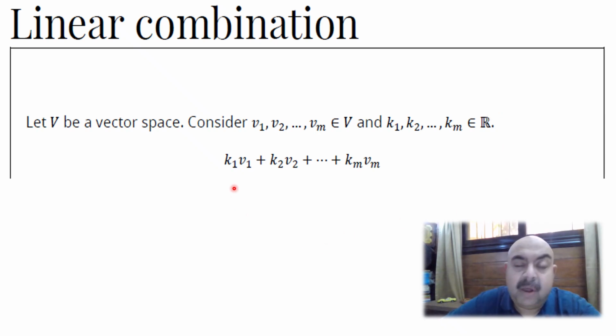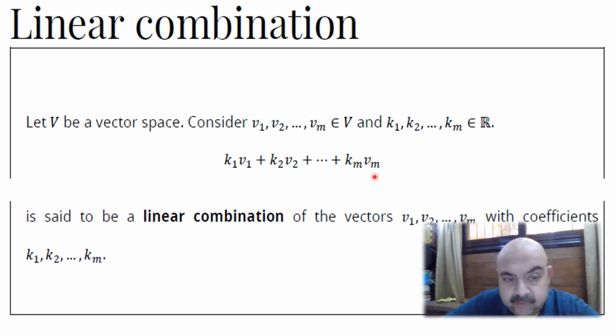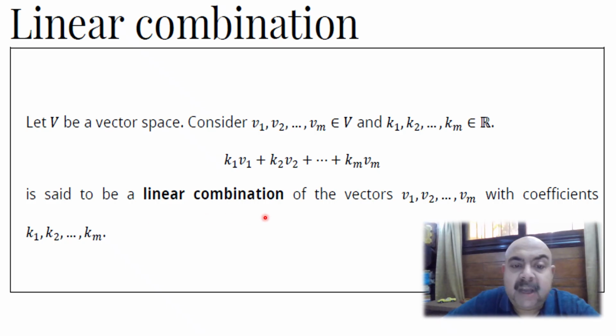If we have K1 V1 plus K2 V2 plus K3 V3, and we add them all together, then we can generate a new vector. It is said to be a linear combination of vectors with coefficients. The arrangement of K1, K2, up to Km is critical, and it is a sequence of the coefficients, and V1 and V2 up to Vm are a set of vectors.